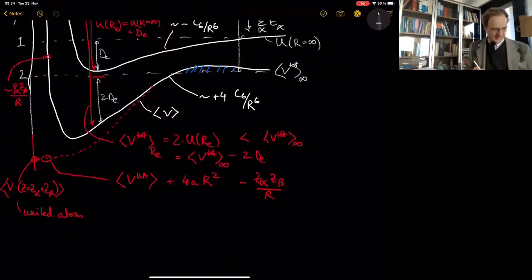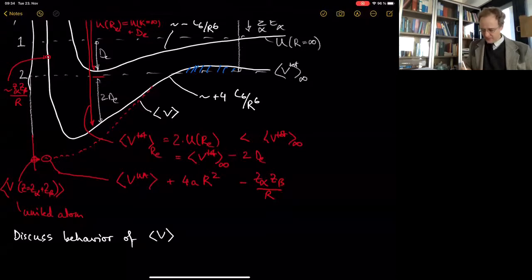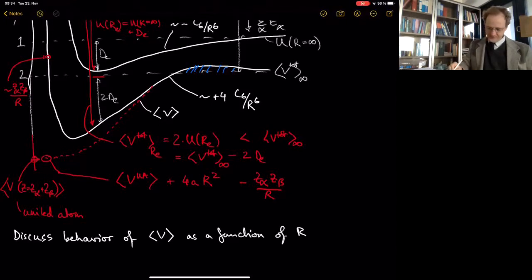So let's start by discussing the behavior of your potential energy as a function of R. Right?